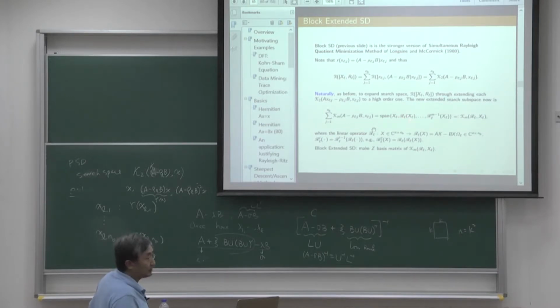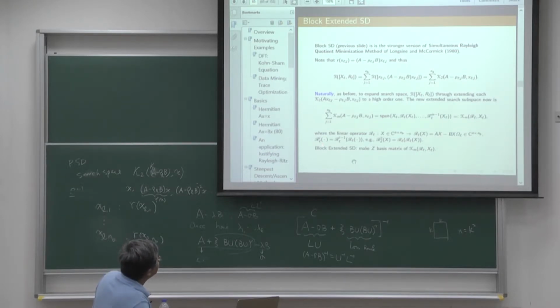This is a curl R, calligraph R. What does calligraph R stand for? Here, calligraph R maps X of size n times nb to another matrix of size n times nb, given by X mapped to AX minus BX omega L. So it's a linear operator. It's not in matrix form, but it is linear.